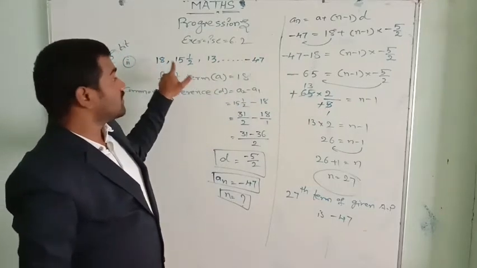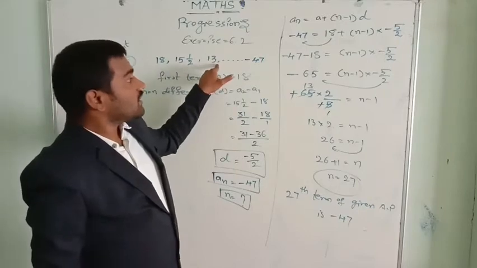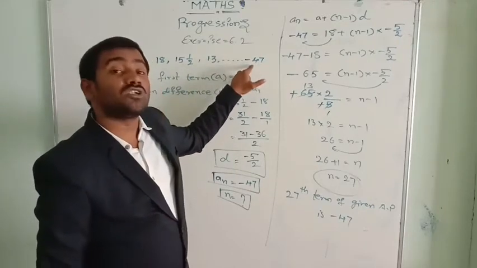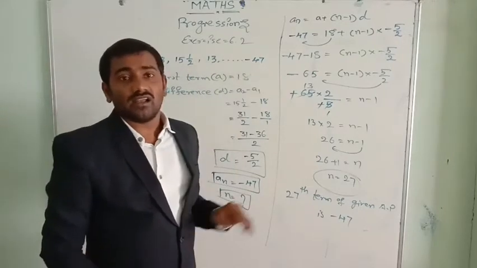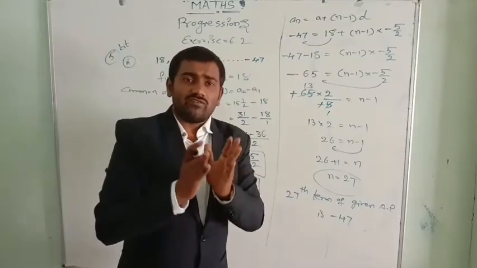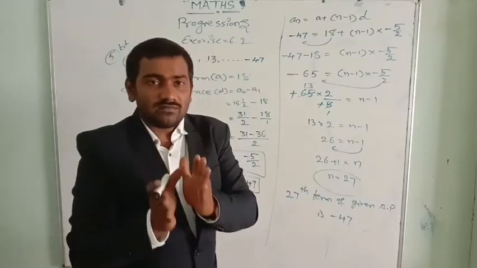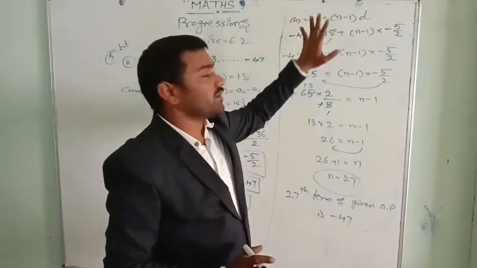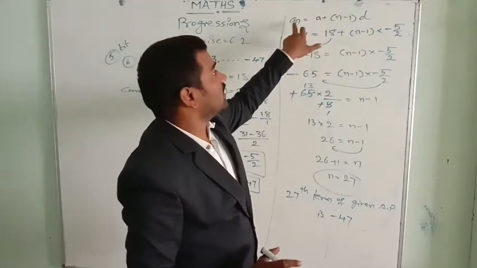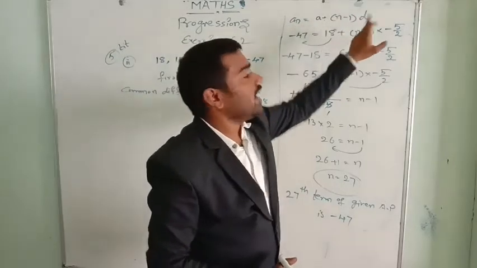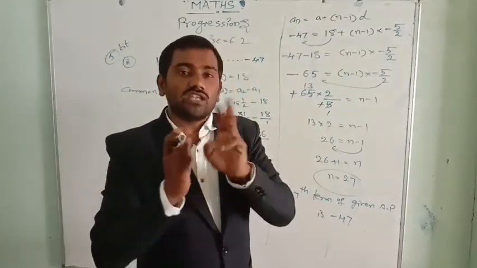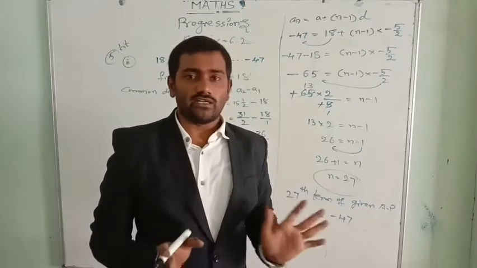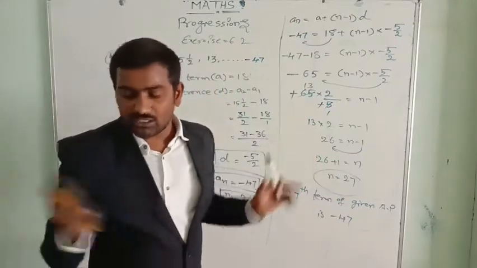If it is the first term, second term, third term, there are many terms, and this is the 27th term. Okay, it's very simple. If they have given 3 terms, we can find the 4th unknown term using this formula. In this formula, 4 terms are there: A, N, and D. From that, if they have given 3, we can find the 4th one, any one. Okay, I hope you understand this one also.